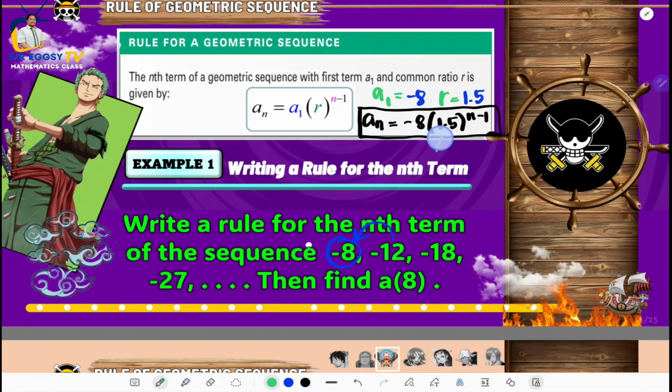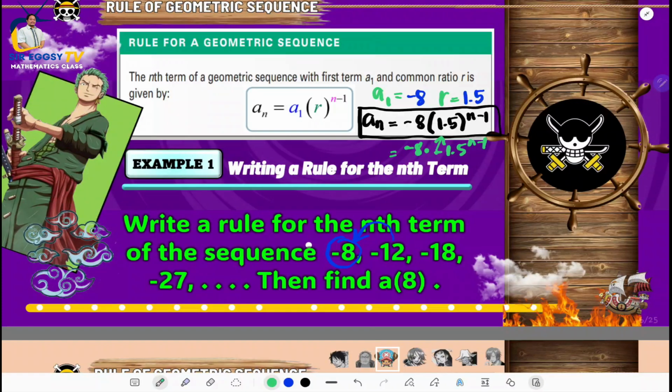Now, I want you to be careful in substituting the common ratio. The common ratio must be enclosed in parentheses so that the value of the common ratio will not change. Because if you're going to substitute the common ratio as negative 8 times 1.5 raised to n minus 1, as you can see, the base of n minus 1 is just 1.5.